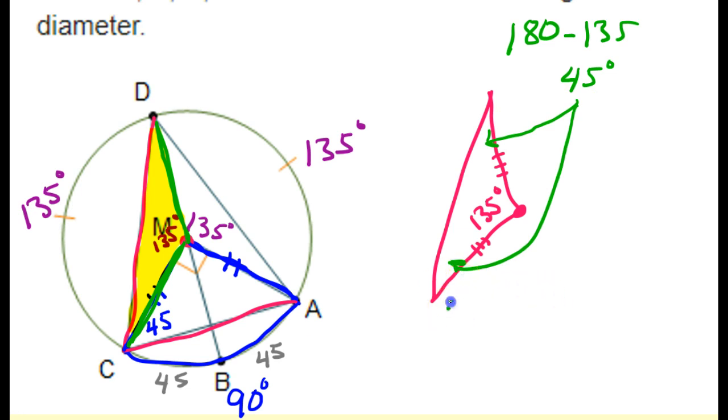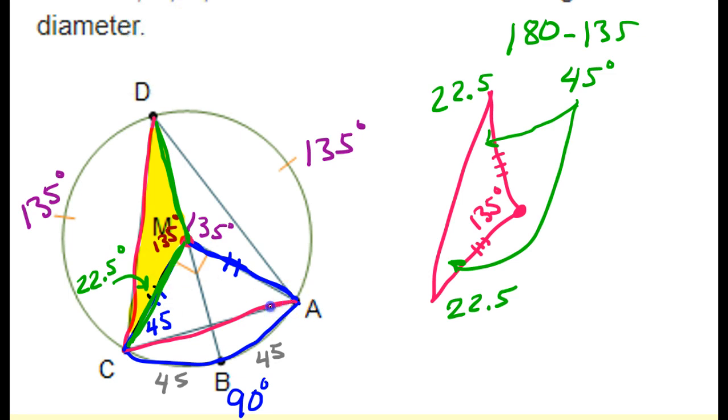So that turns out to be 22.5. So each of these angles are 22.5 degrees, which means that this angle right here is 22.5 degrees.